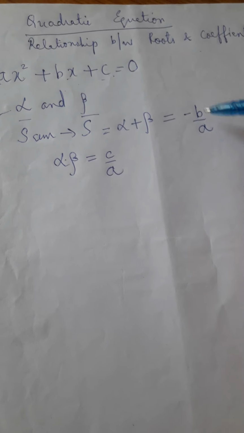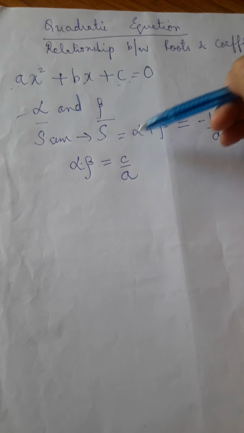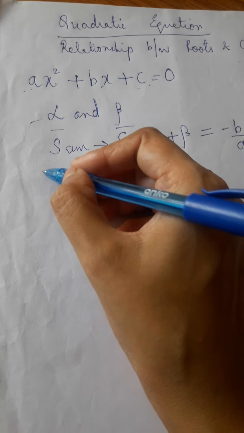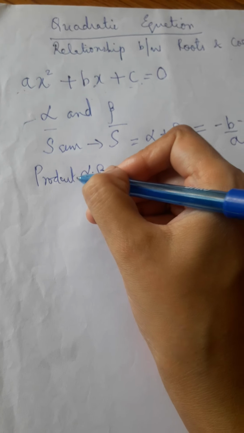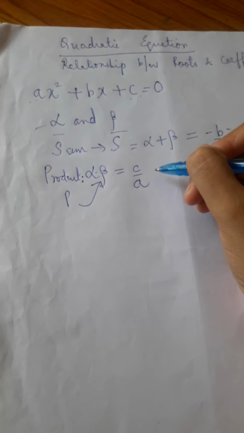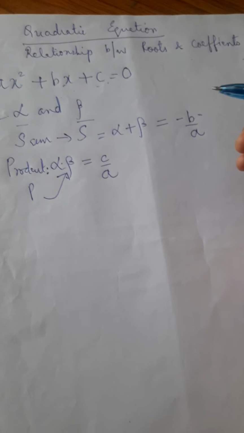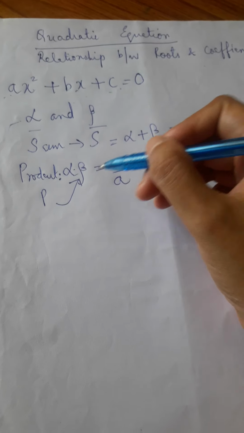This b from here and this c from here, and by a. Product, let me say it's p. p is alpha into beta, which is c by a. Right, it's a very beautiful relationship between the sum and the roots and product and the roots.